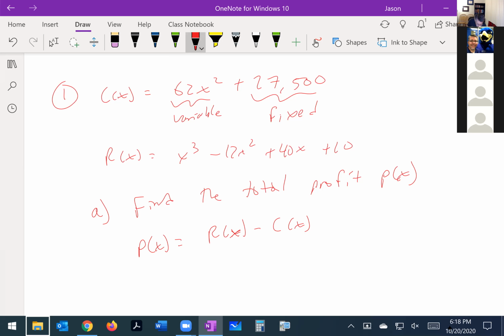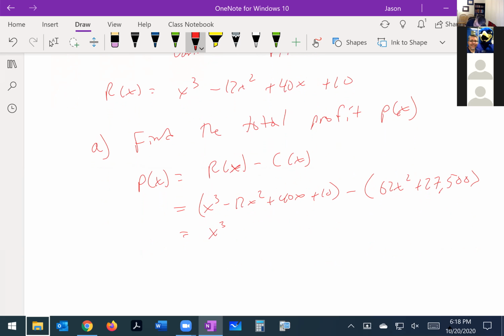So we're going to plug this in: x cubed minus 12x squared plus 40x plus 10 minus 62x squared minus 27,500.